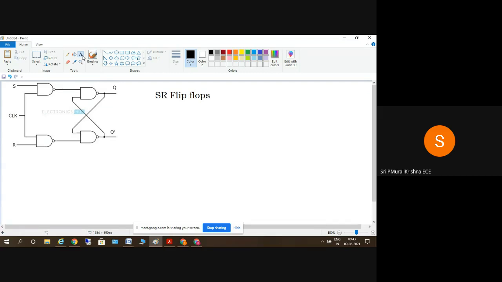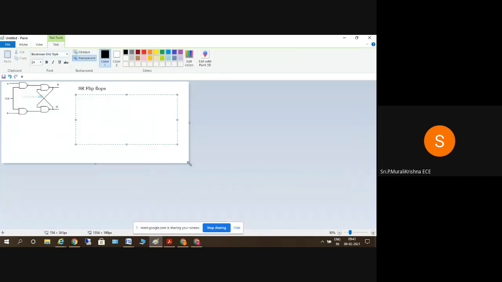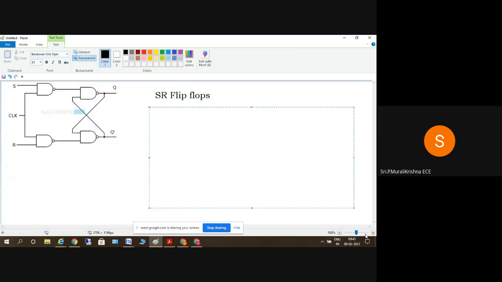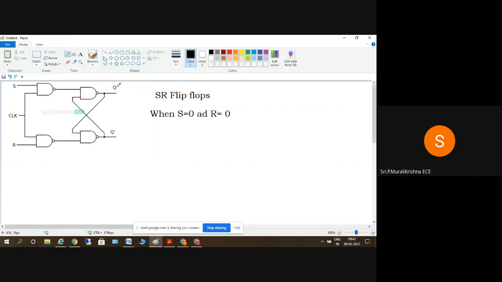So we'll see the first case, when we start with S equal to 0 and R equal to 0. We'll have Qn and this is Qn bar.